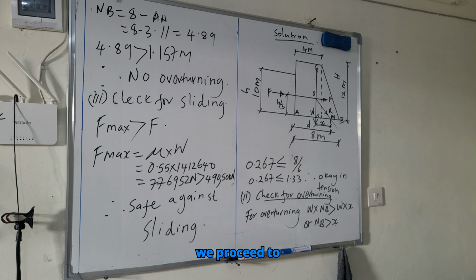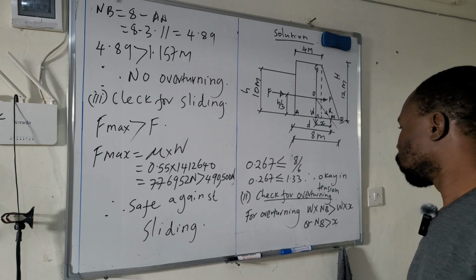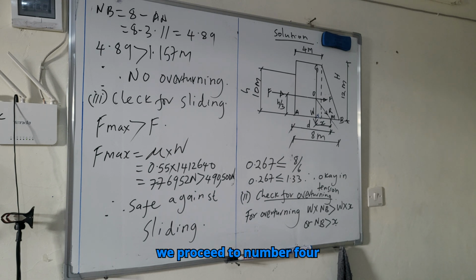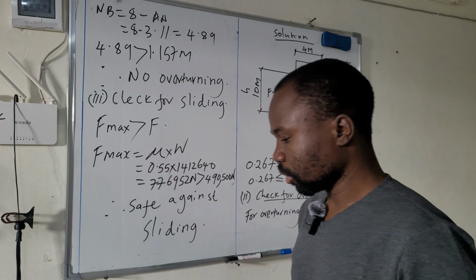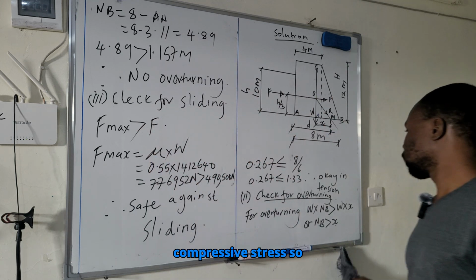We proceed to number 4, which is check for excessive compressive stress.